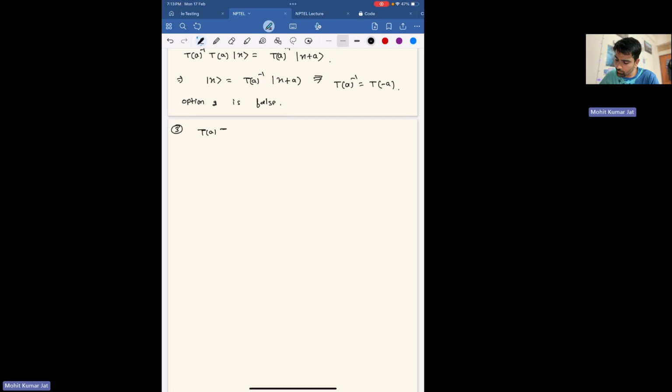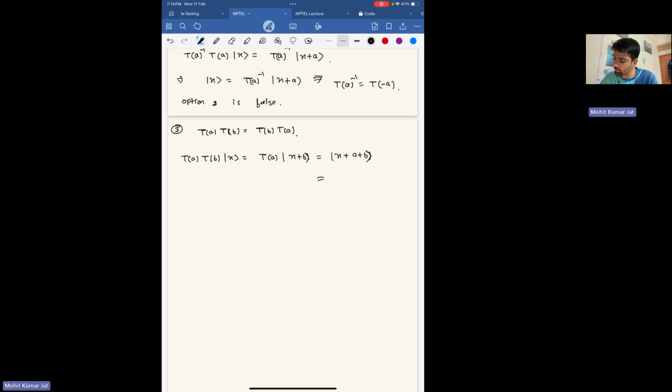TA TB is equal to TB TA. Let's just operate it on a function. TA TB operated on x will be TA of x plus b, and that will be equal to x plus a plus b.